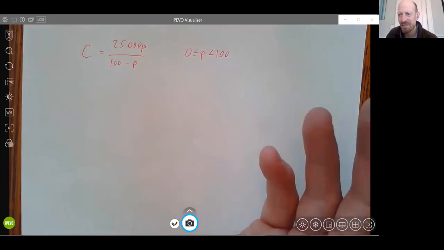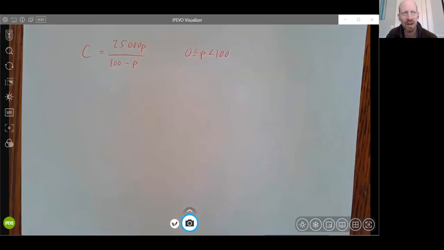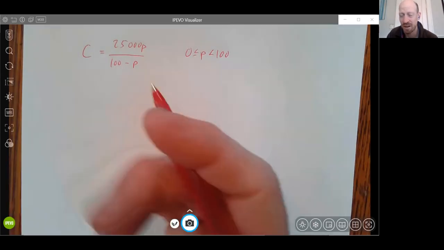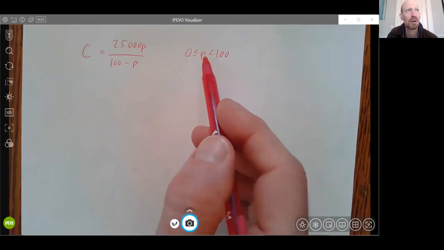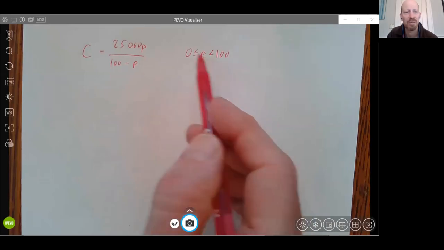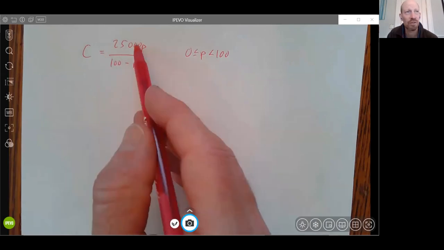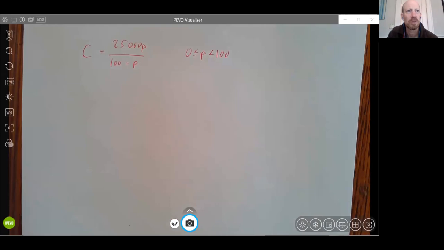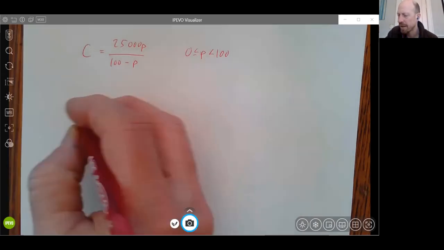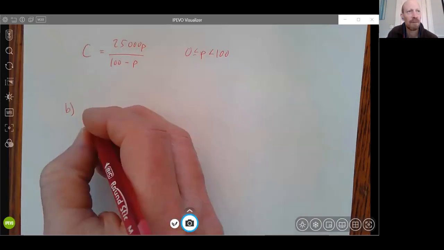So that's another way of making sure we understand what the function is doing, and is it really doing what I think it's doing. If I put P equals 50 in here, that's going to give me a different number, a cost for the recycling bins.